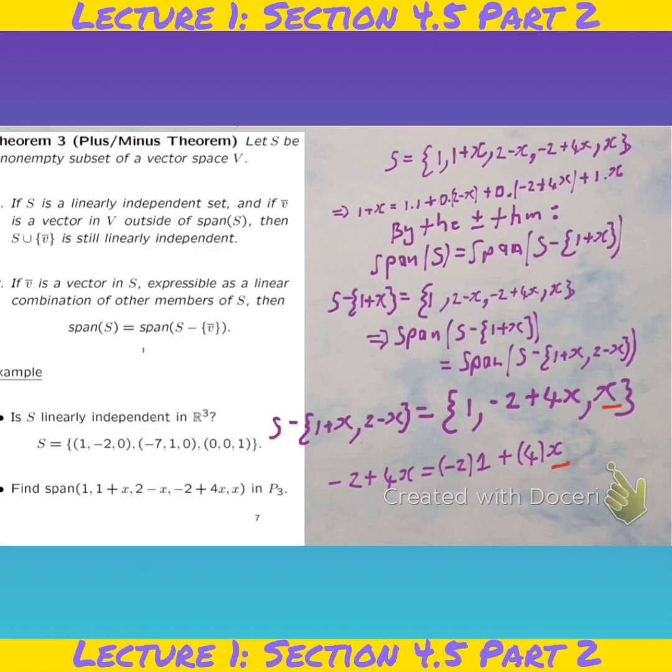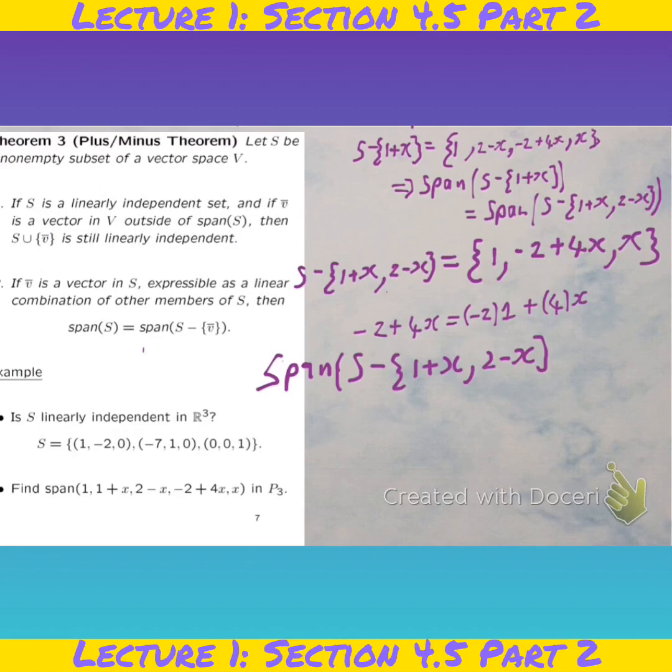The second term is 4 times x, which is the third vector in my set. So by the plus-minus theorem we can again remove a vector. Therefore the span of S minus 1 plus x, 2 minus x is equal to the span of S minus 1 plus x, 2 minus x, minus 2 plus 4x.